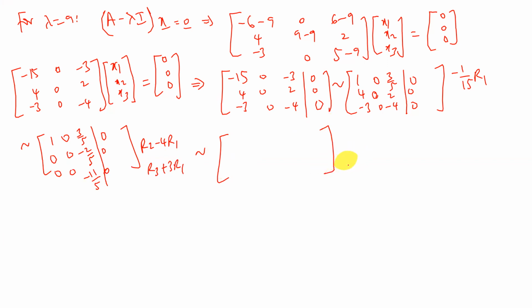Which is minus 5 out of 11, row 3, 0. Minus 2 out of 5 is 0.